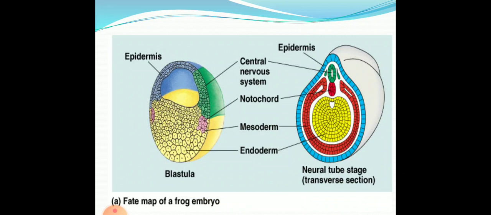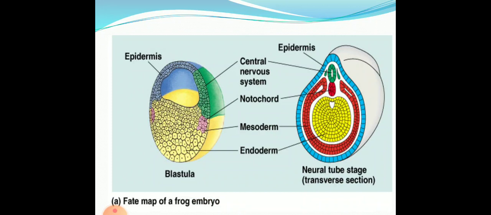Fate map, as I already told, is a chart showing the end result of the different areas of the embryo. In different colors it is shown in the figure: central nervous system, notochord, mesoderm, endoderm, the different areas which have been marked. So the macromeres form the endoderm.